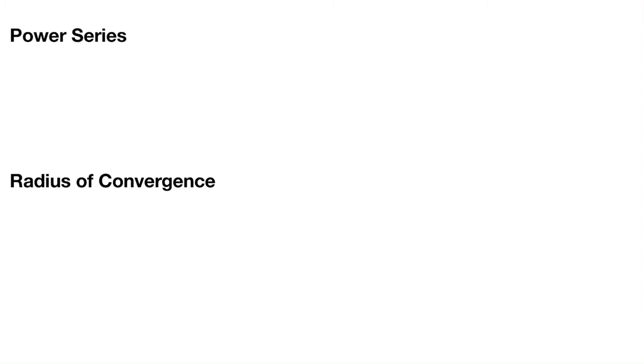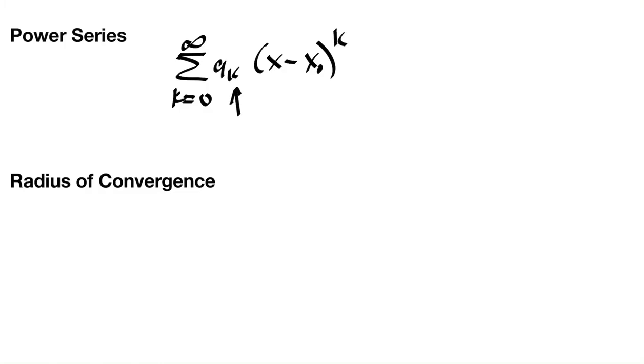Okay, let's talk a little bit about power series and what we mean by that. We've heard this term before, but let's just remind ourselves what we mean by a power series. A power series is just a function written out like this: the sum as k goes from 0 to n of a sub k times x minus some centered point to the k.